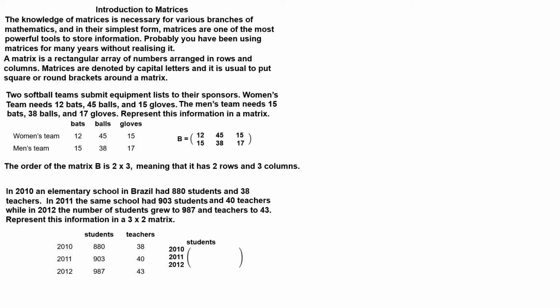The second column represents the number of teachers in each year. We can denote these matrices by a capital letter. We can choose the letter A, for example. The order of the matrix A is 3 by 2, meaning that it has 3 rows and 2 columns.